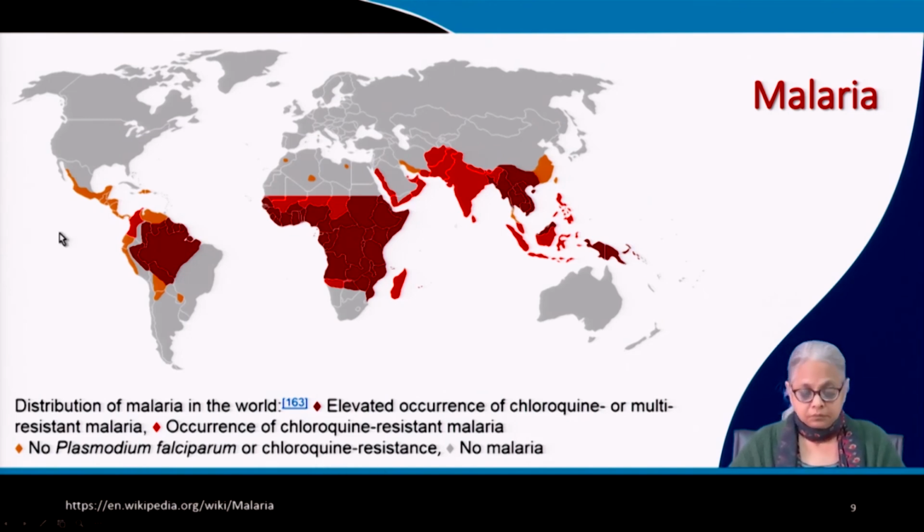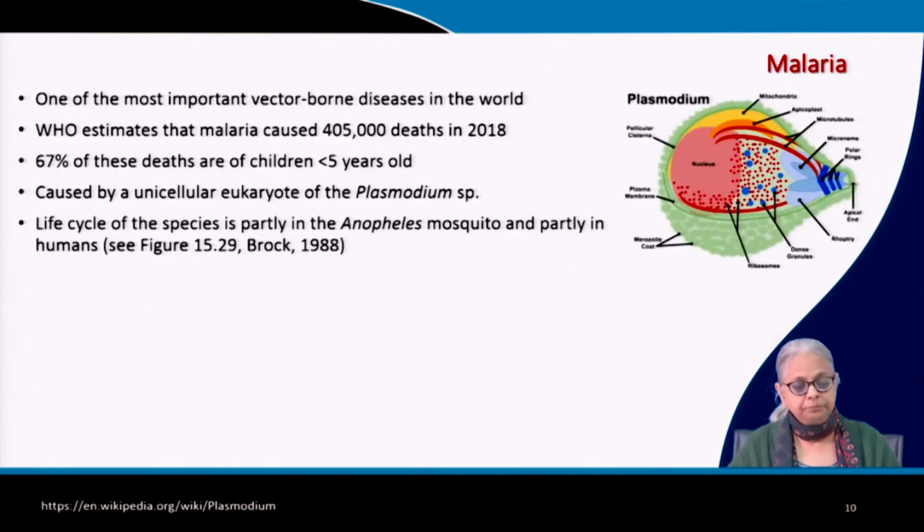And then there are much larger areas where there is no malaria at all. So you can see that malaria is very frequent in certain parts of the world, and that's clear over here.